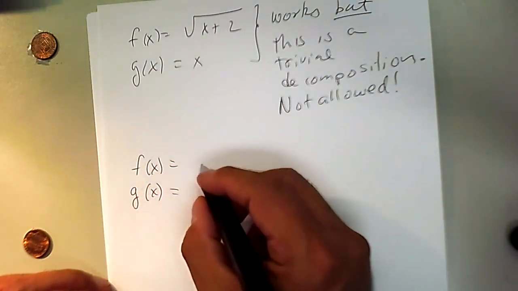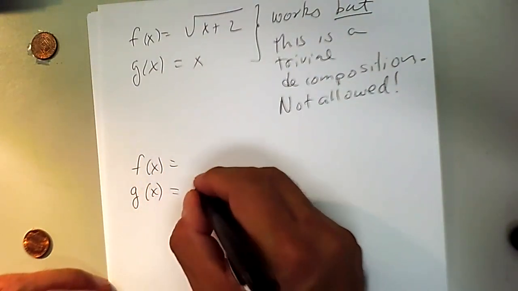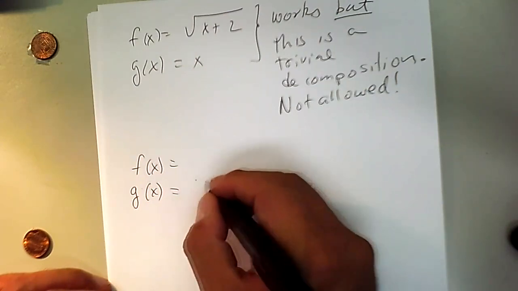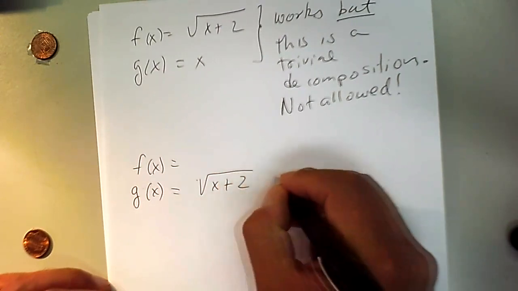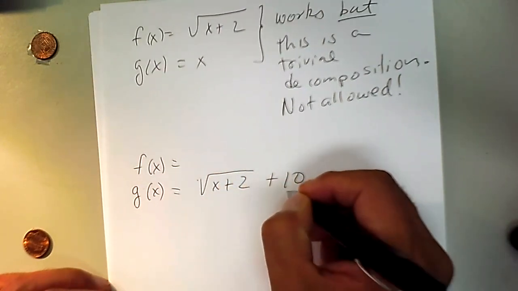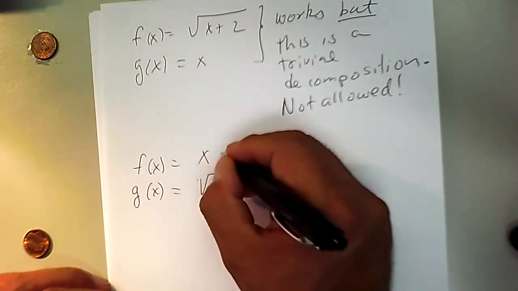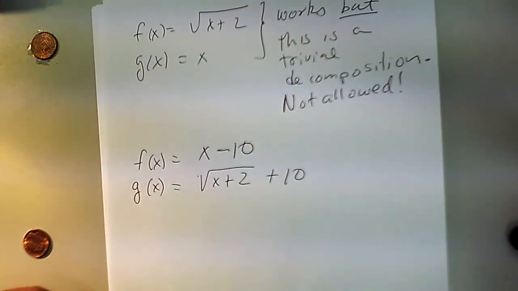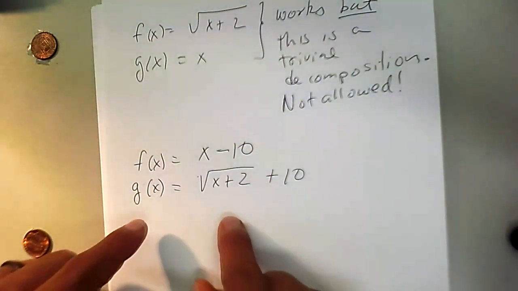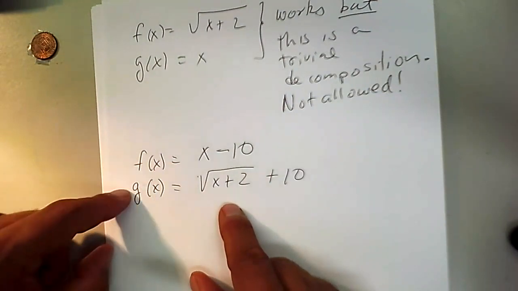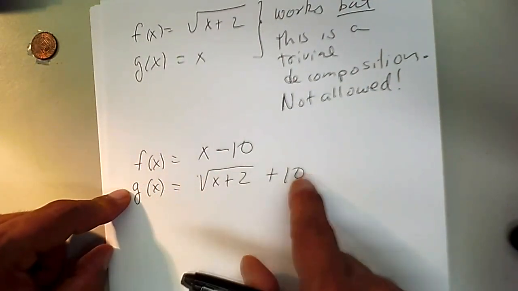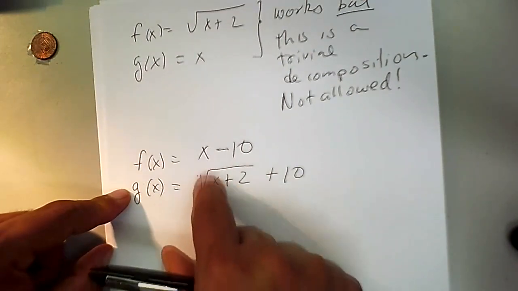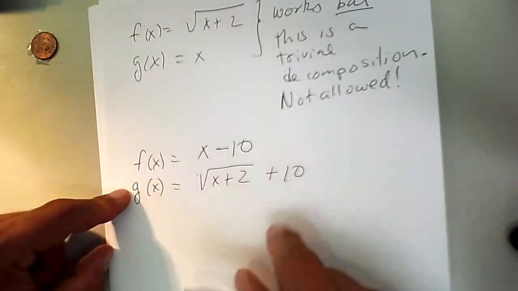Let's say g of x equals the square root of x plus 2, and then we're going to add 10 to it. So when we put it here, x minus 10. So when we compose, we're going to do f of g. So this would be the input, which adds 10 to the root, and then here we subtract, so those two 10s cancel each other.